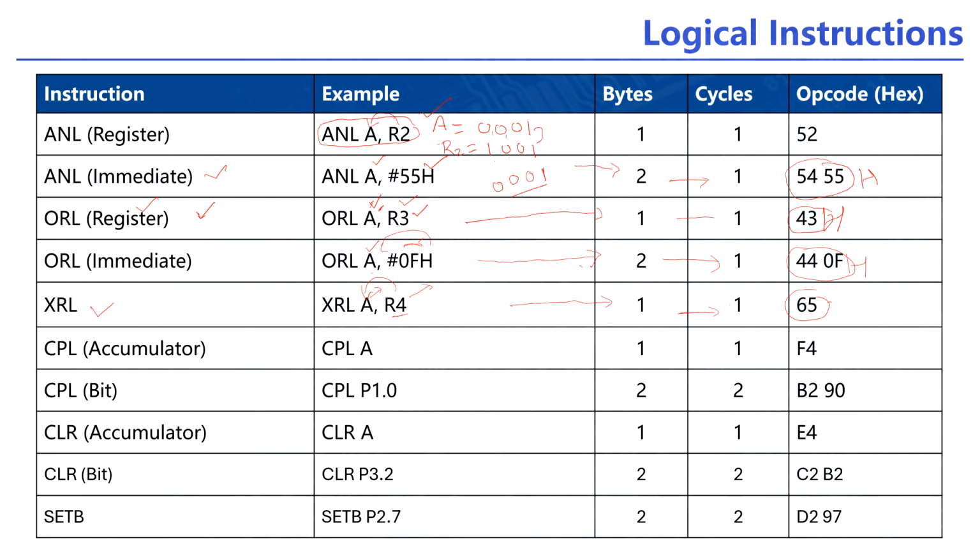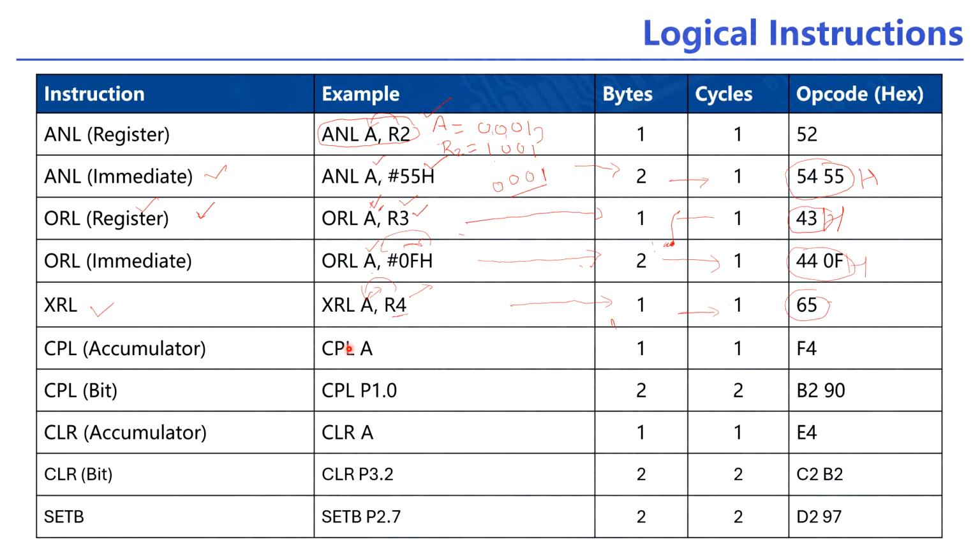In the similar way, we come here, where the cursor is available. CPL, that is the complement, accumulator.